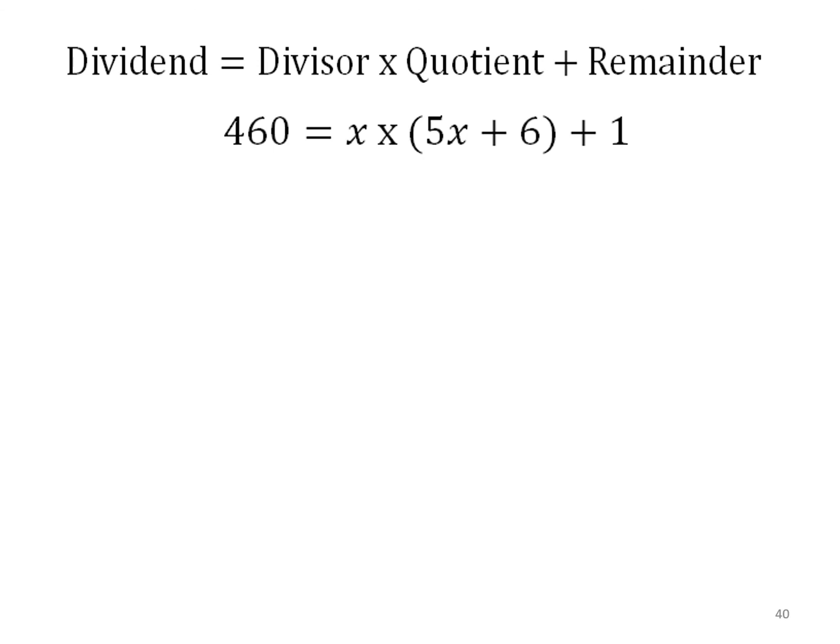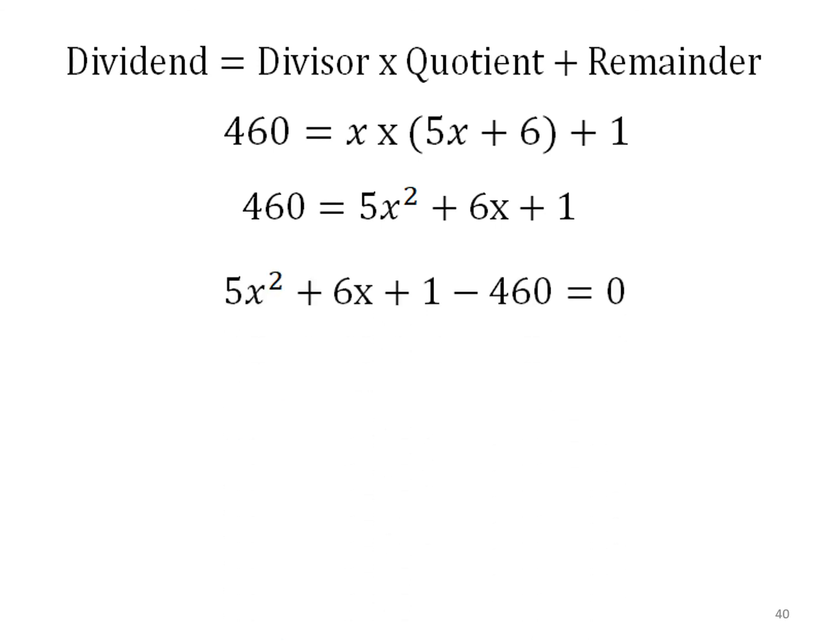So 460 is equal to x into 5x plus 6, plus 1. On opening the bracket, 460 is equal to 5x square plus 6x plus 1. Taking 460 on the right hand side, we shall get 5x square plus 6x plus 1 minus 460 is equal to 0. So we get the equation as 5x square plus 6x minus 459 is equal to 0.